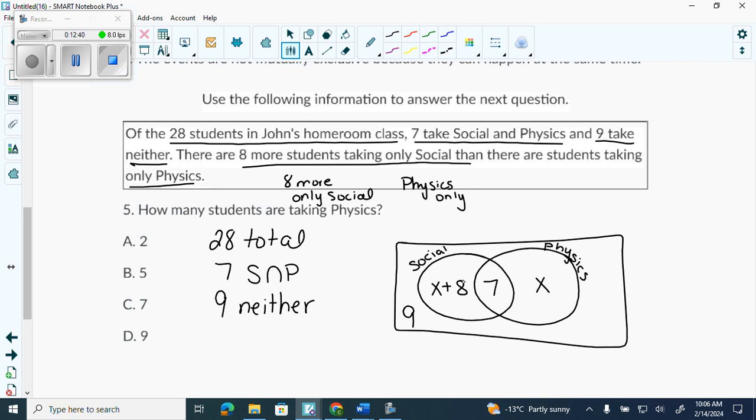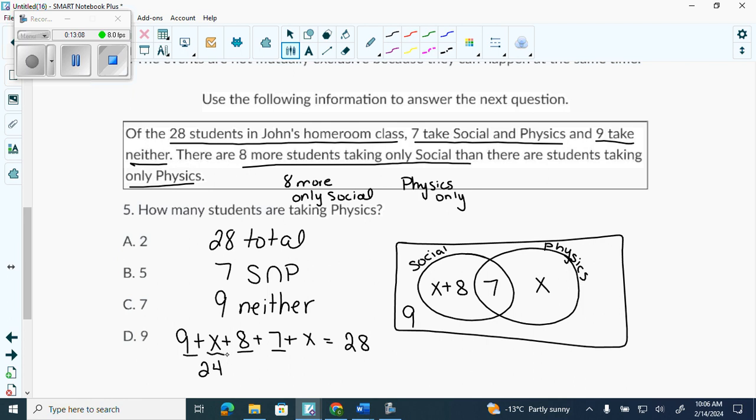What do those 4 regions have to add up to? 28. Can we not just add up the 4 regions and set it equal to 28? Yeah. So we can go 9 plus X plus 8 plus 7 plus X, and it equals 28. 9 and 8 and 7 is 24.